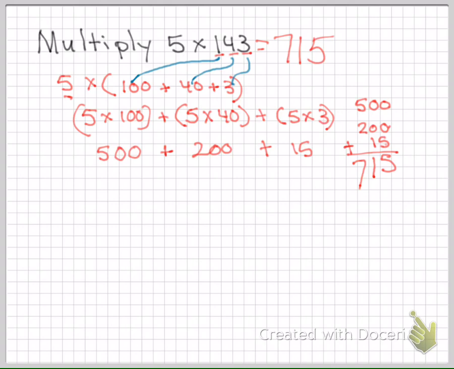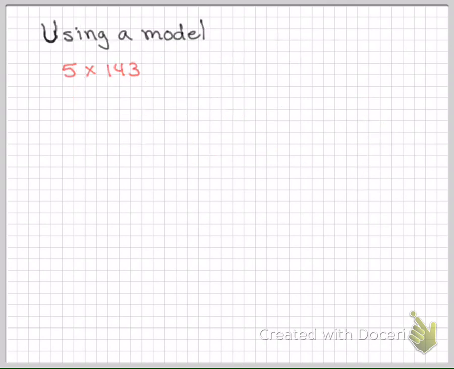Now I want to show you another way to solve it using the models. When we use the models, it's exactly like what we did yesterday. We want to do 5 times 143. We're going to draw a box, but this time we don't have to be so specific about how many over and how many down. All right, we know this represents the 5.